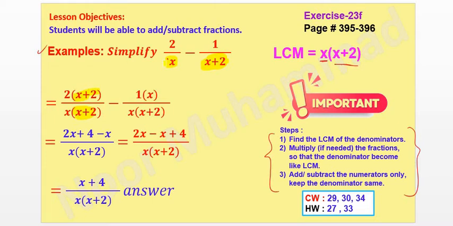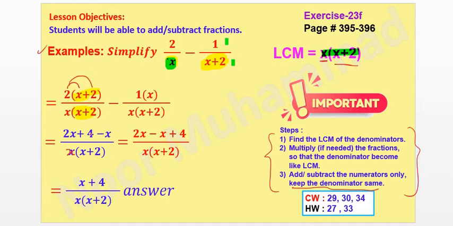Clear? And then you will take this x, I'll show it with the green. You will take this x and you will multiply it over here in the numerator and denominator, so we can have both the denominators x into x plus 2 like this LCM. Clear? Okay, then we will write, because we have to keep the denominator the same, so I will bring x into x plus 2, the denominator, and then I will remove the brackets here.